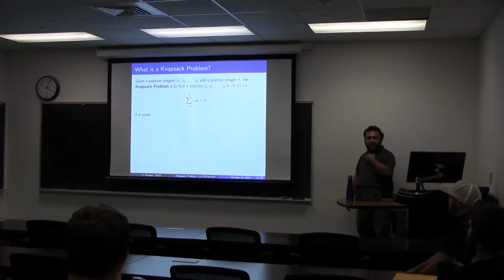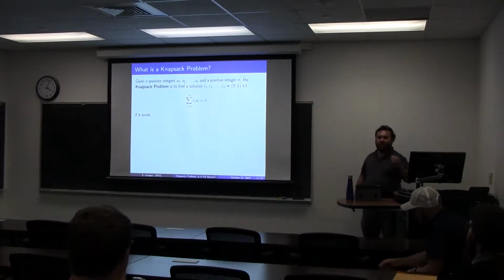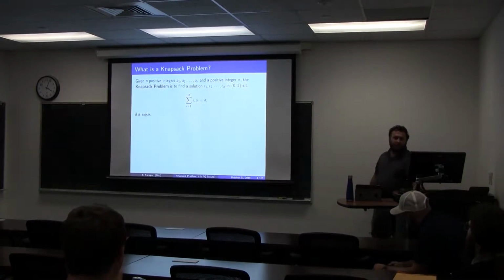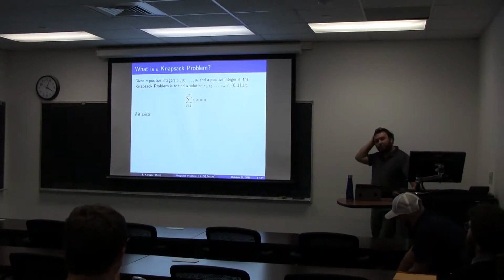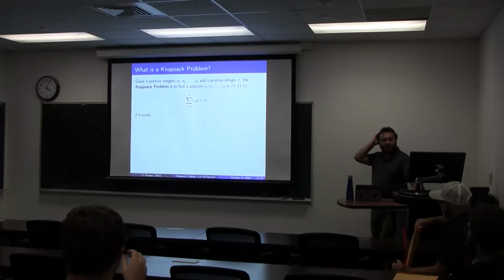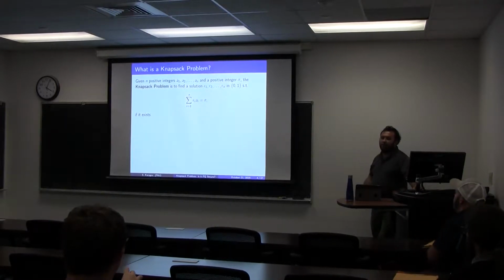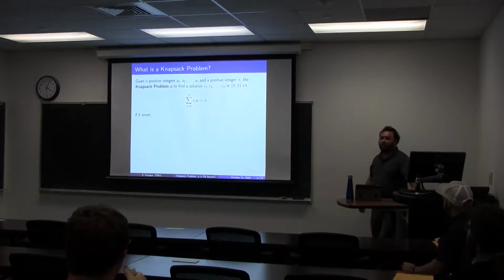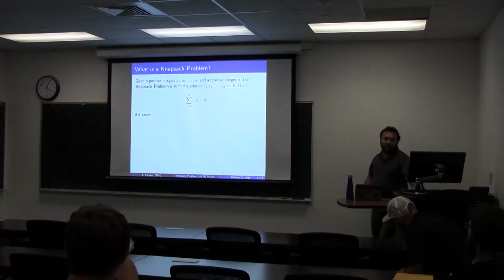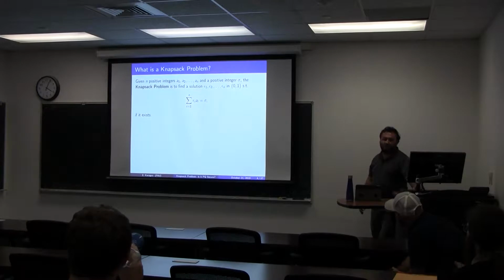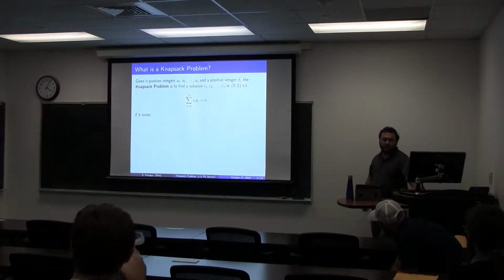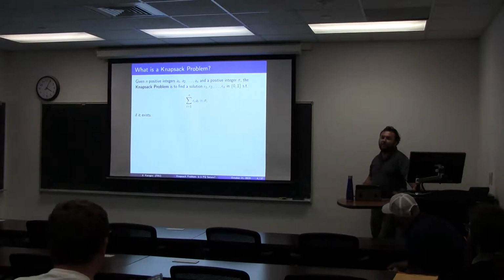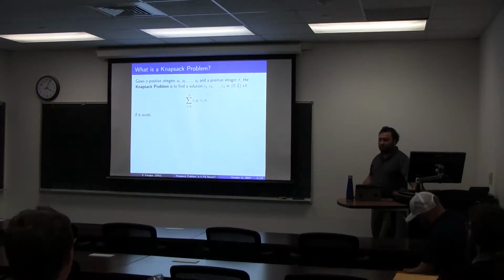So let's start with the Knapsack problem. If you are given n integers a1 to an, and a positive integer sigma, the Knapsack problem tries to find a solution epsilon 1 to epsilon n such that sigma is a combination of the ai's where the coefficients are epsilon i. Of course, this gives you a solution if there exists such a solution.